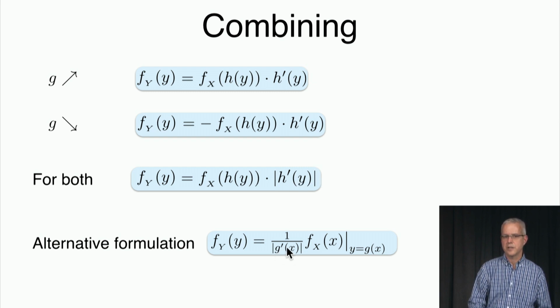So it's 1 over the absolute value of g prime of x, times f_X of x. And what is x? x is h of y, or the point y is g of x. So if we write it here, we circumvent the function h. We're looking at the value y, where y is g of x, or x is h of y, as we had here. We're going to use this formulation a few times.